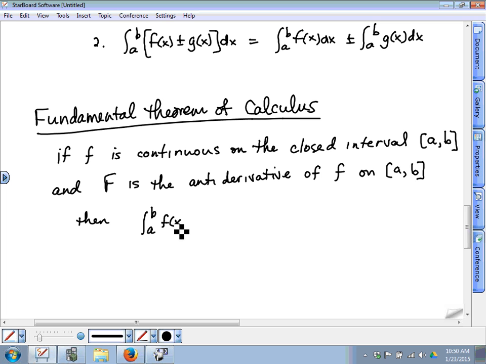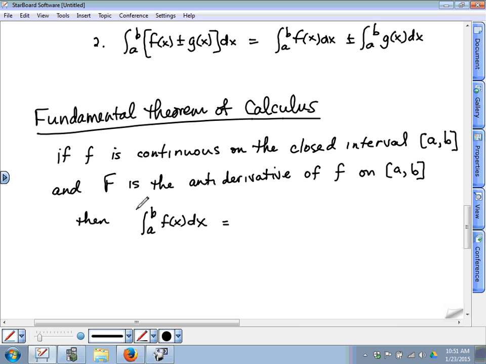The integral from a to b of f of x dx is equal to. Well, you guys could probably figure out part of this. What are we finding when we're taking an integral?